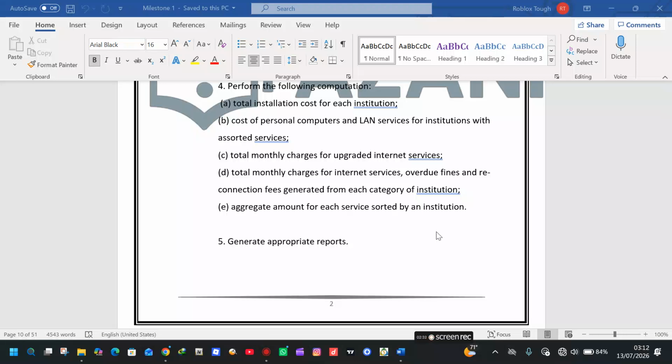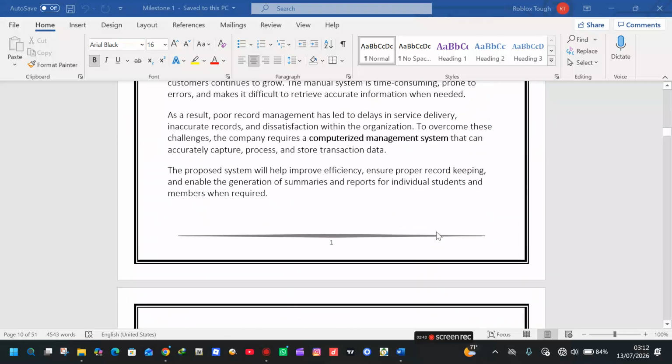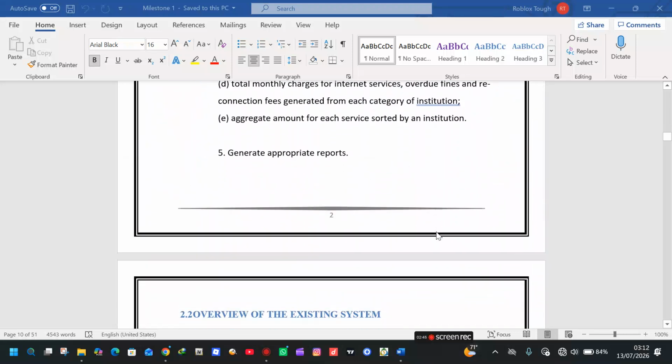Number 5, it should be able to generate appropriate reports which should be of good help in future use. So that is it. That is the goals of the proposed system, the system that we are to create.